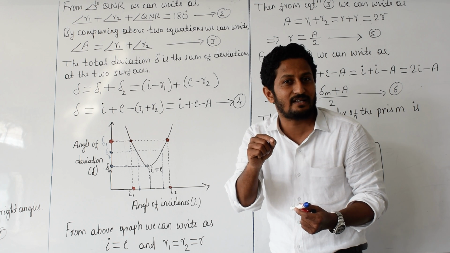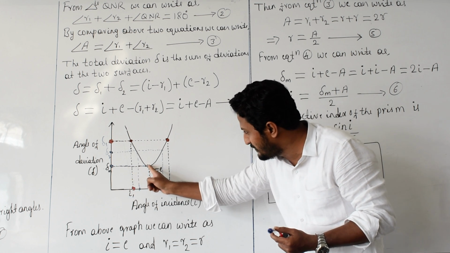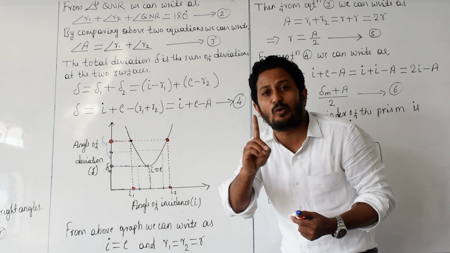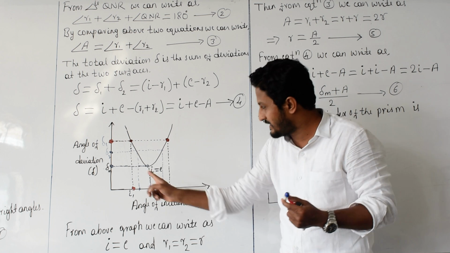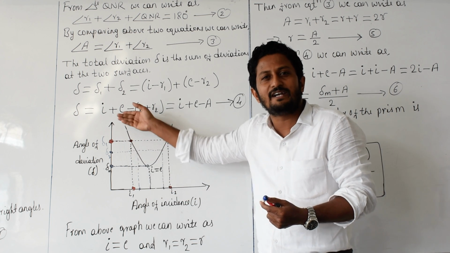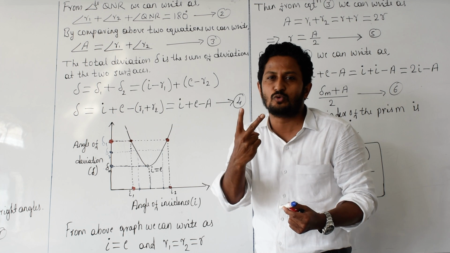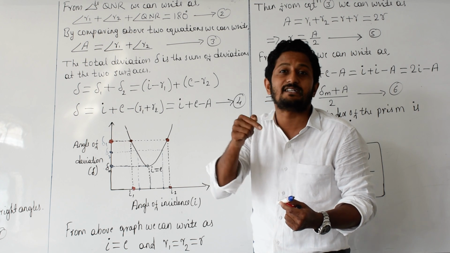For that minimum deviation, there is only one angle of incidence. Except for that, for every deviation there are two angles of incidence.